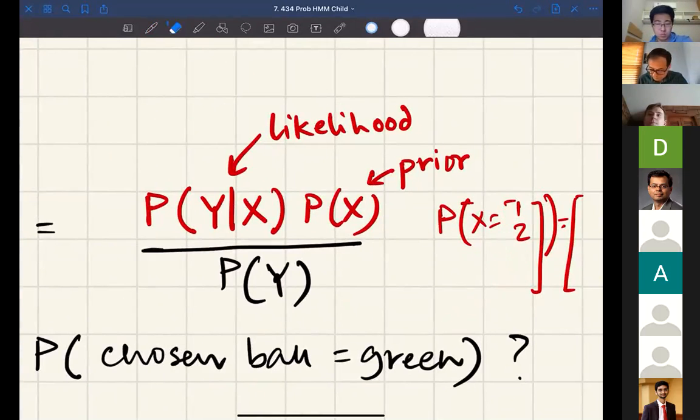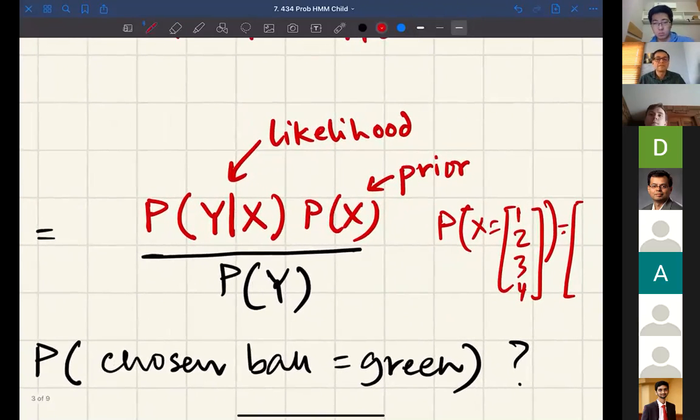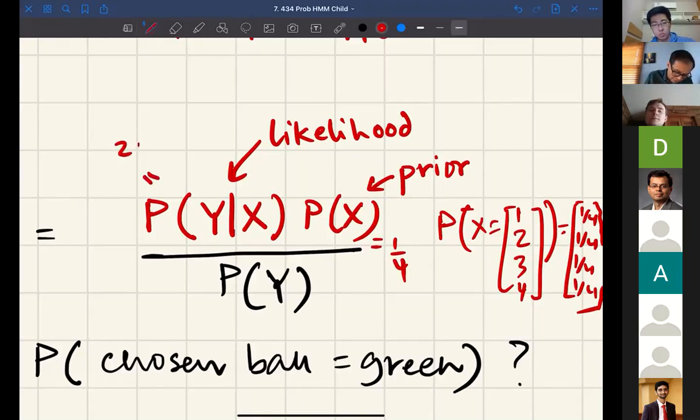Someone? They're all just 1/4, right? So you can immediately replace this: px equals 3 is 1/4. So that also I know. This also I know is 2/3. I'm getting close. But I still do not know py.